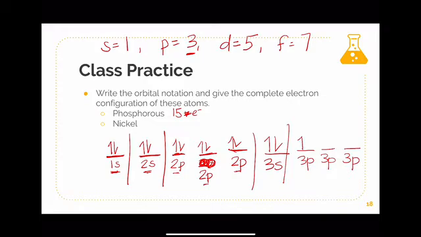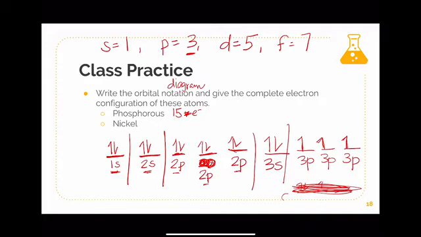And so this is a case where it would make a difference. Notice that I didn't do like that and leave that third one blank. That would be incorrect. Okay, don't do that. You have to put 1 electron in each orbit first. Okay, and so this is the orbital notation, or I think on your homework it's referred to as the orbital diagram. Okay, for phosphorus. That's how you do it.